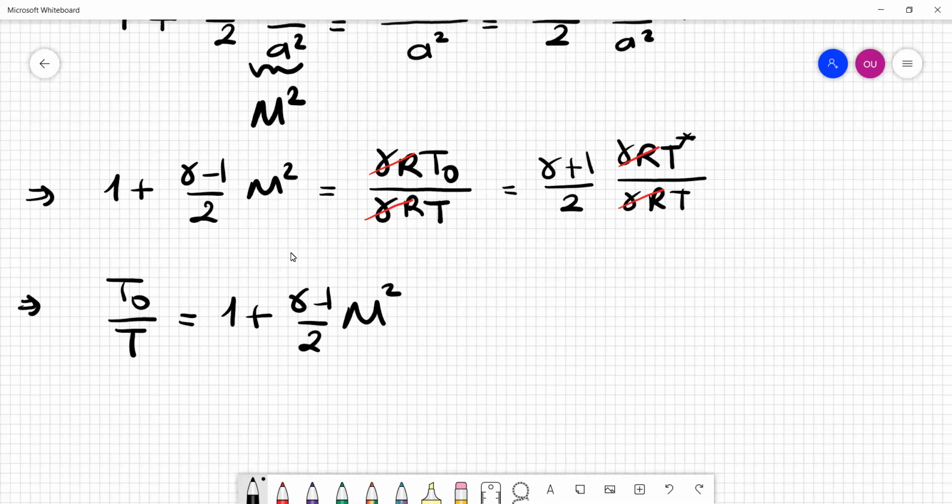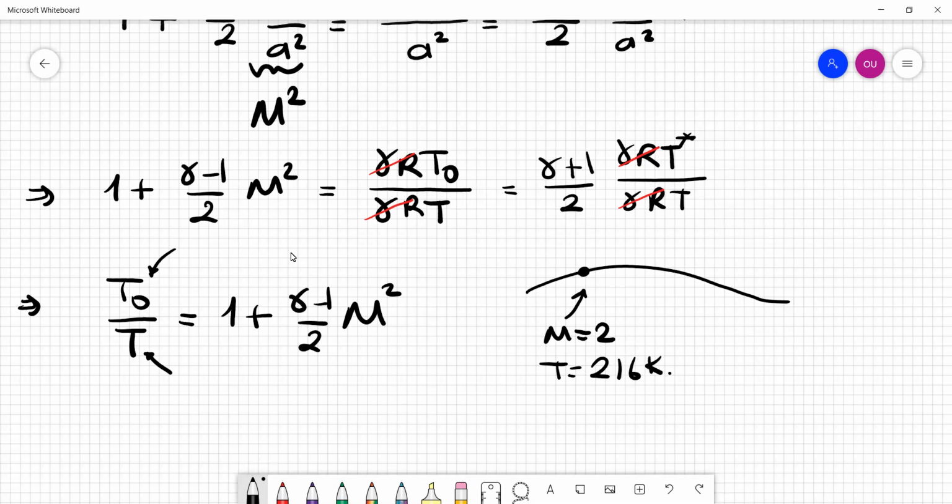So the ratio of stagnation temperature, or sometimes we call it the total temperature, to static temperature means that at any point in the flow, if somebody gives you the Mach number, say Mach number is equal to 2, and it's flying at 10 kilometers altitude, so temperature is probably around 216 Kelvin, okay? At this point, you can calculate the total temperature, which means the total enthalpy of the flow at this point, by just using this equation.